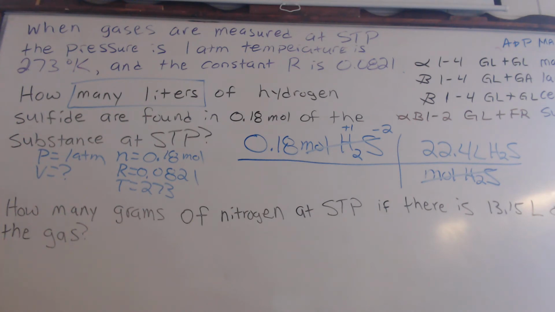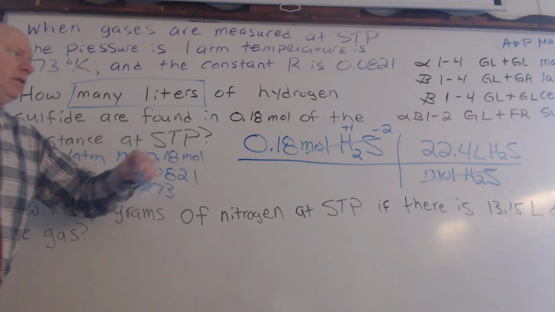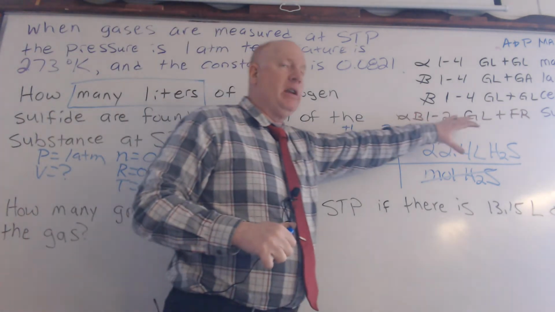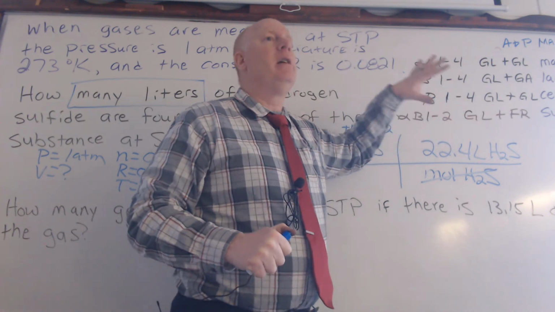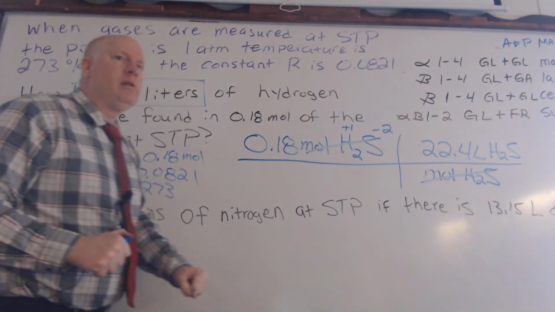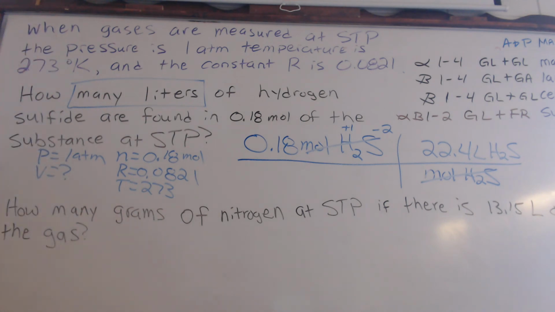But give it time and a little more practice, and the more practice you get, the better you'll be at it. At least I believe so. Okay. The main thing to remember is that if it's measured at STP, you can utilize 22.4 liters and utilize that as a conversion factor. Okay.